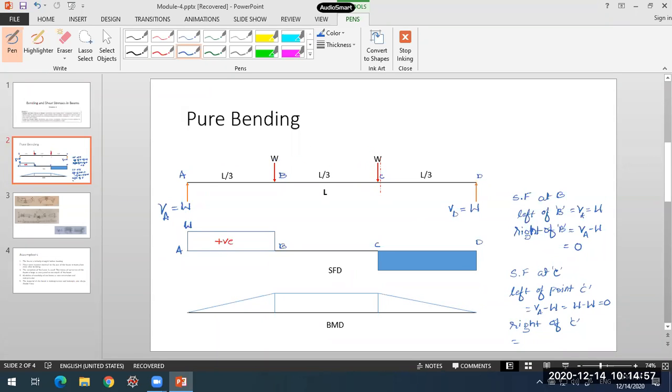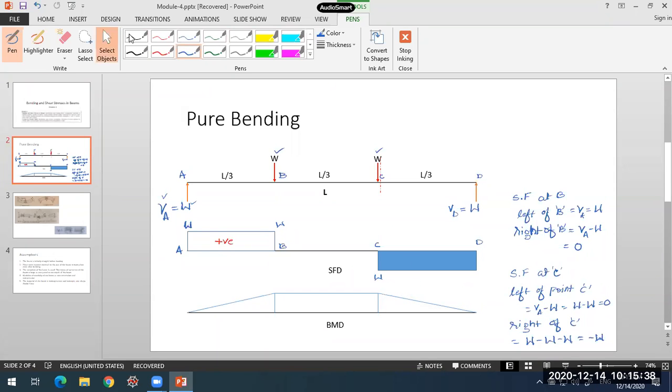One is the reaction VA, which is equal to W. Left side upward force I take to be positive, so plus W. Next is the downward force at B, which is negative, left side downward force, so minus W. Then at C we have one more concentrated load applied, in downward direction, so again minus W. This gives me the total shear force to the right side of C as minus W. So it was W up to this point, and here from 0 it comes out to be minus W. This is what you get.